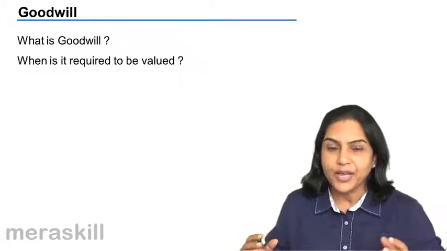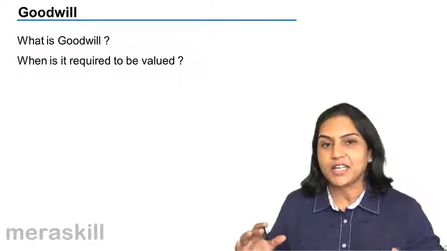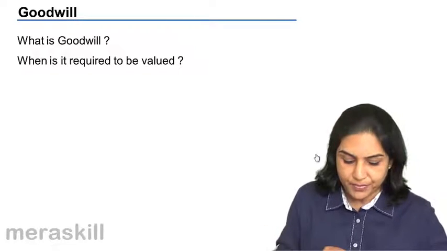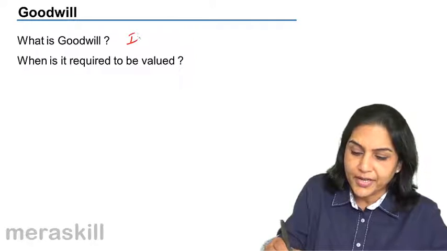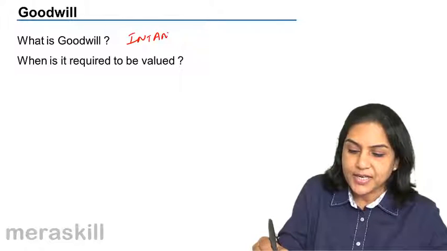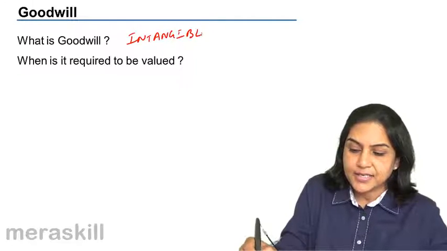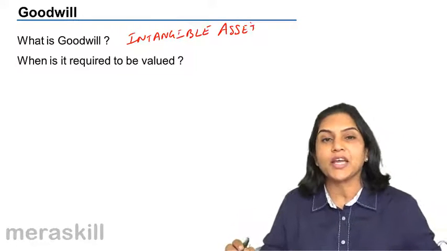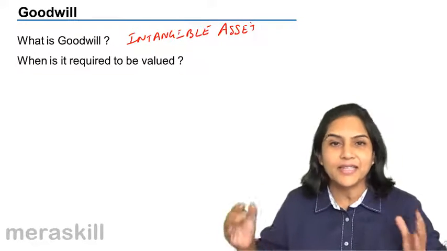Goodwill is just a good name. It doesn't have any physical presence. It is what is called an intangible asset, because it doesn't have a physical presence. We cannot touch, see or feel it, but it is there. It exists.